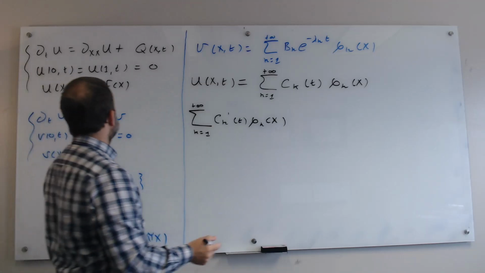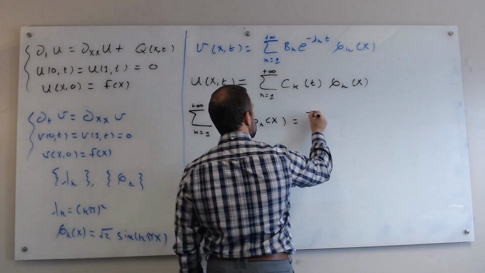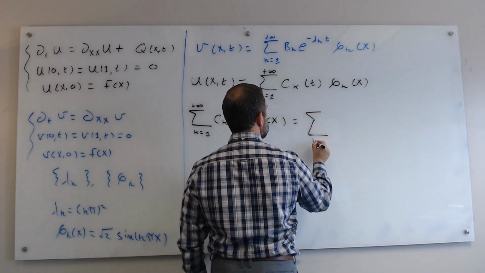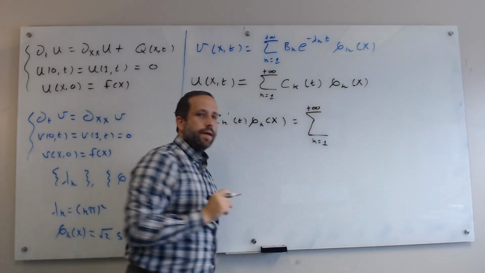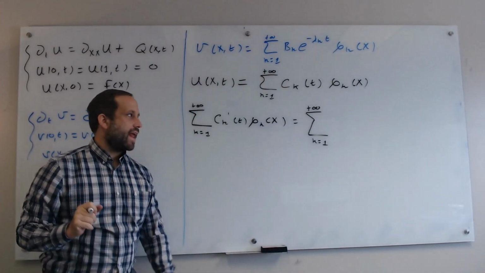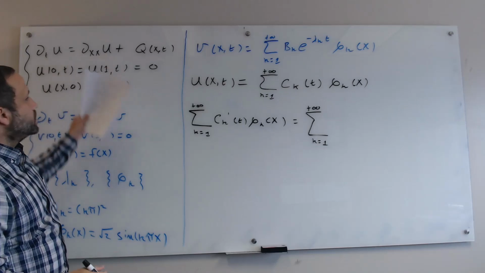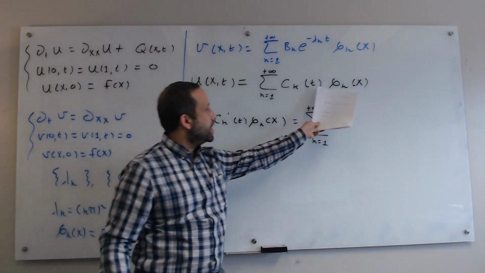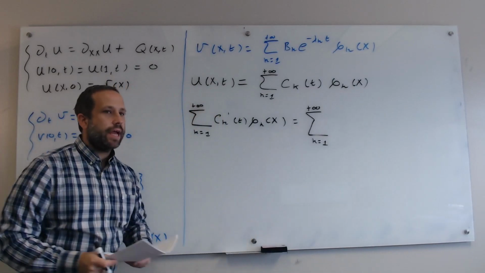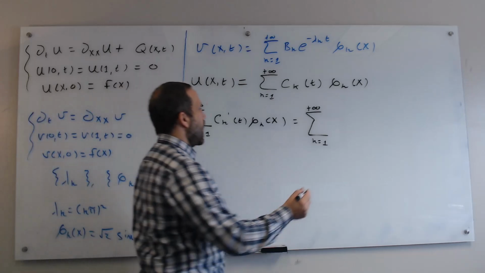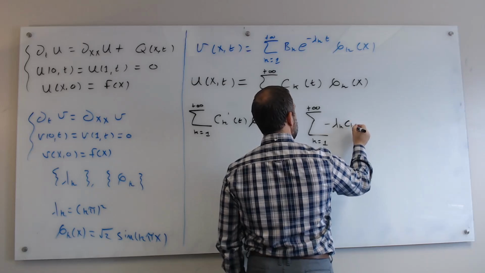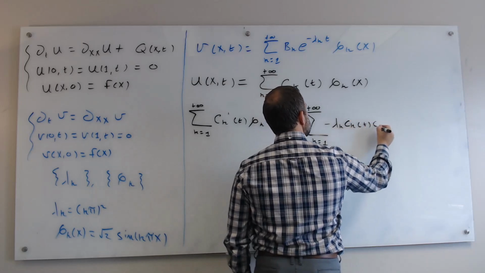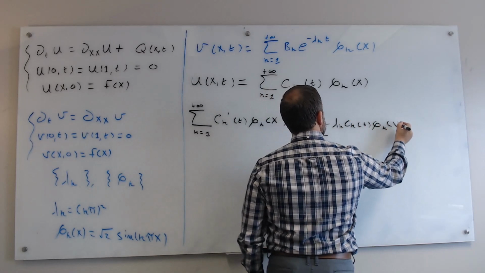Now the right-hand side, what we're going to get is the sum k equals 1 to infinity. And because I don't want to write out every single thing, when I do the second derivative, it's just going to hit phi_k. It's going to give us phi_k double prime, and we know that is equal to minus lambda_k, and I'll go ahead and write this c_k of t, times phi_k of x.